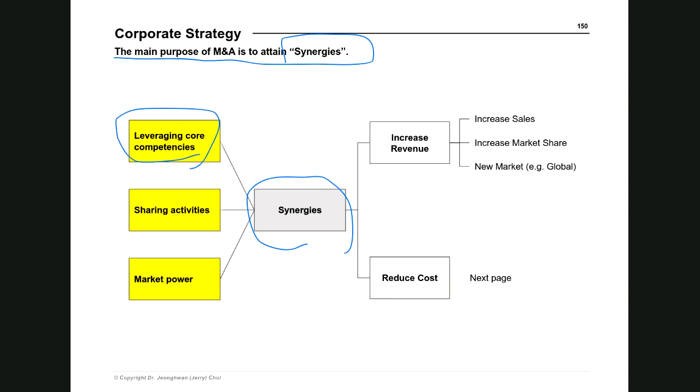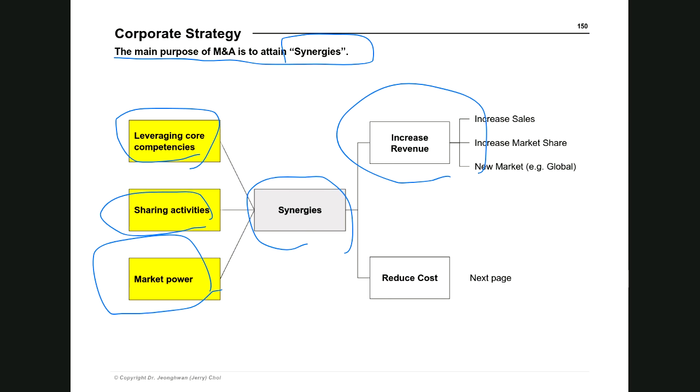We combine the people together, make one team, a stronger team, and share activities, with economies of scale to reduce the cost, and market power, making a more dominant market power. Why? To increase revenue and reduce the cost. If we can create bigger synergies, we can increase revenue and decrease costs.